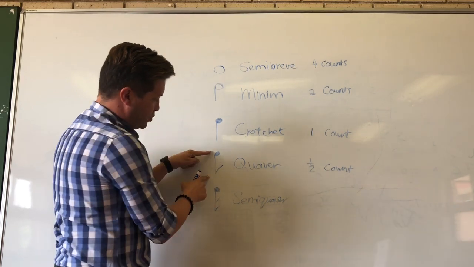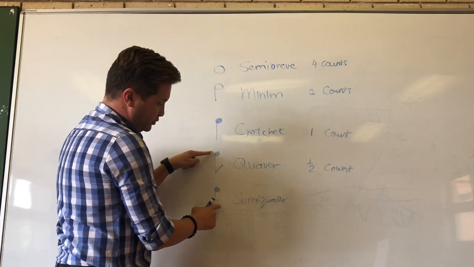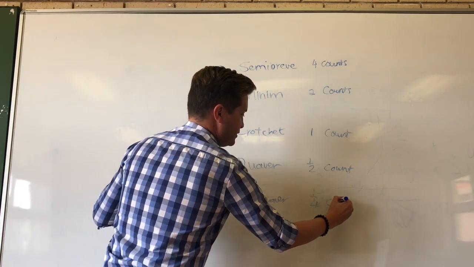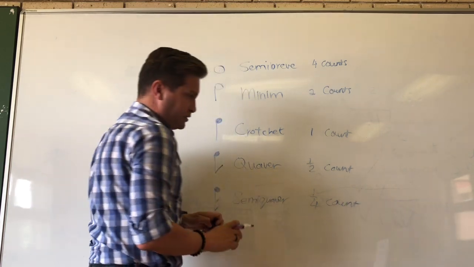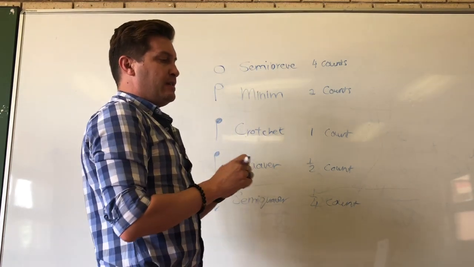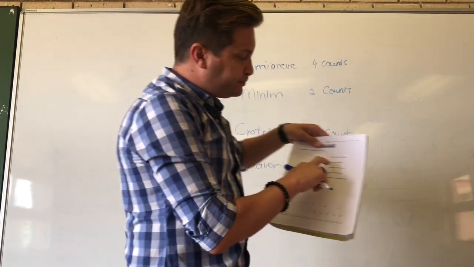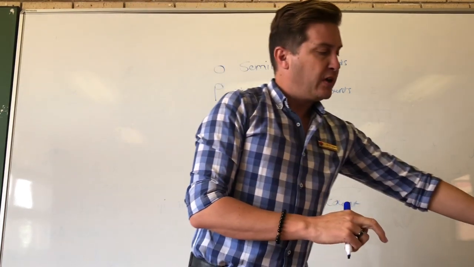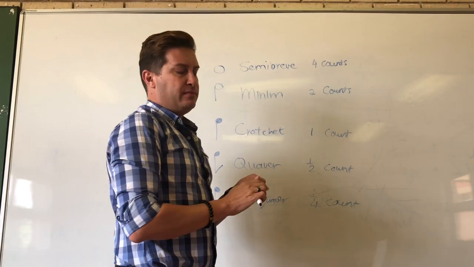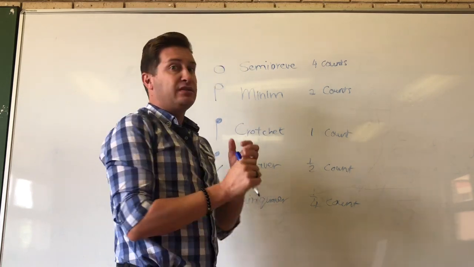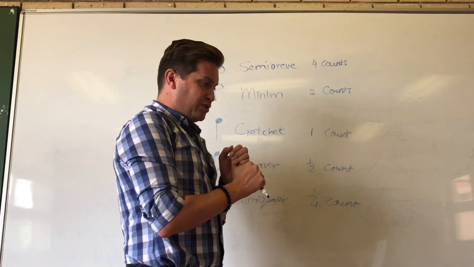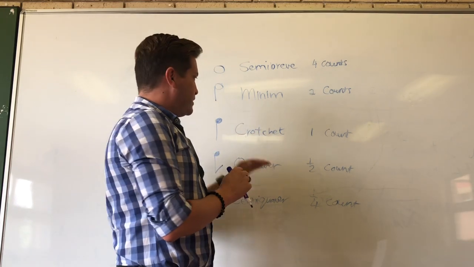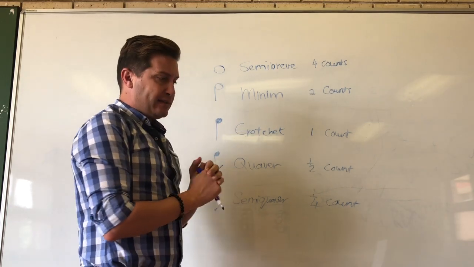The semi-quaver looks like the quaver, but it's got 2 flags, and it is then a quarter of a count. You will also see in your book, next to the name, it says whole note, half note, quarter note. Those we don't use in South Africa a lot, mostly in Afrikaans, but since we are doing music in English, we stick to the names semi-breve, minim, crotchet, quaver, and semi-quaver.